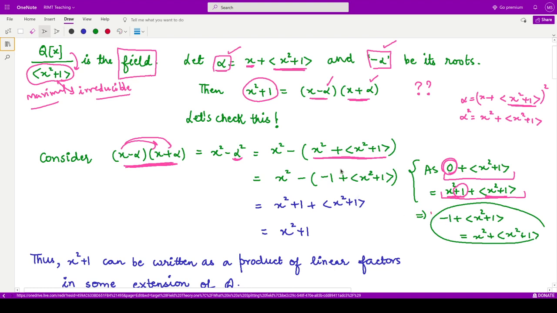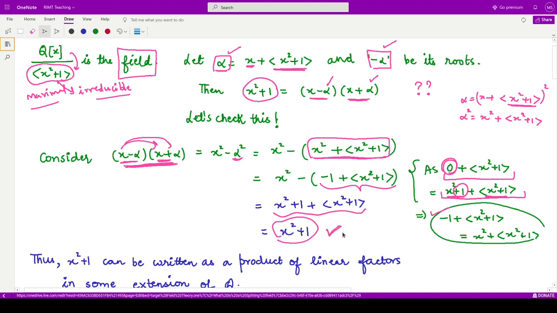So we can substitute in place of x square plus the ideal generated by this as this, right? So now you can open up the bracket, so you'll be having x square plus 1 plus the ideal generated by this. So ultimately this thing is equivalent to x square plus 1. So ultimately we have written the product of these two terms as x square plus 1.